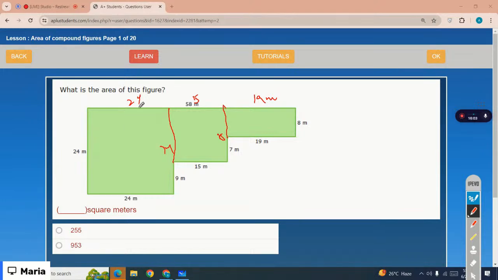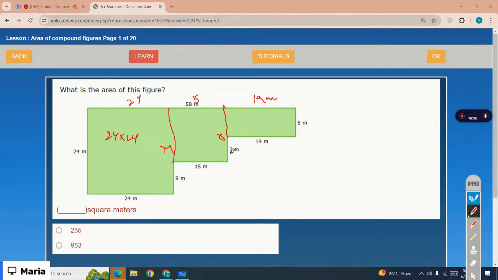Length times width, 24 times 24 for this one.